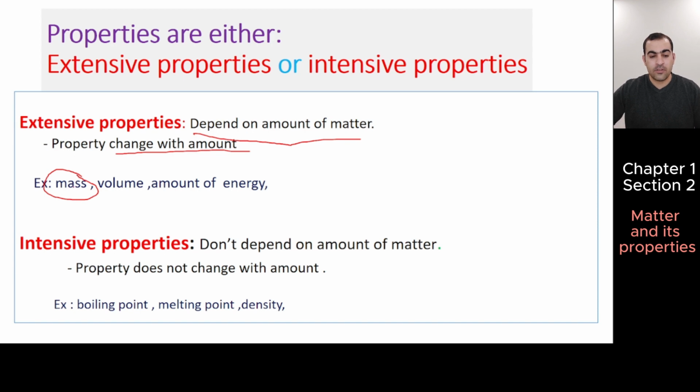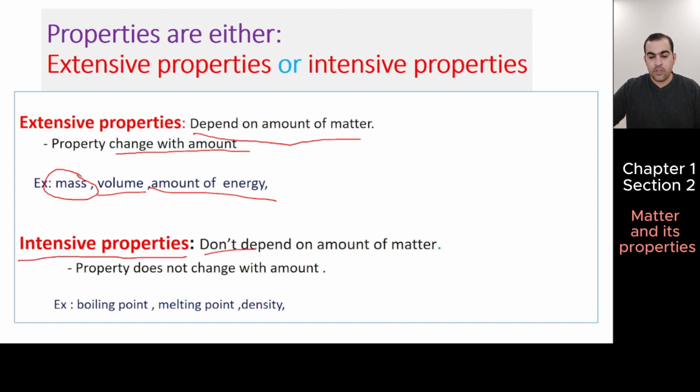If you decrease the amount, the mass decreases. Volume, for example, is the amount of carbon dioxide when you blow up a balloon. When you add more carbon dioxide, the size increases. You increase the amount of CO2 air in the balloon, so the volume increases. So this property, volume, changes with the amount, also the amount of energy.